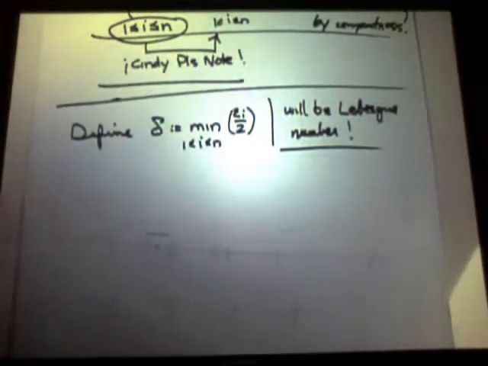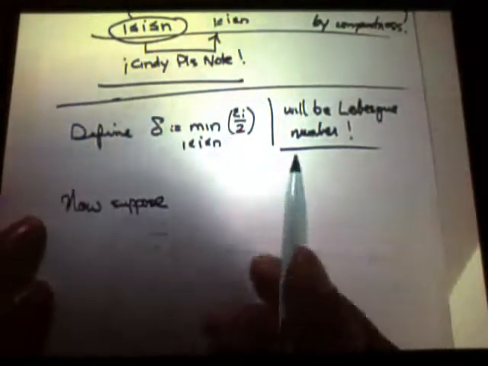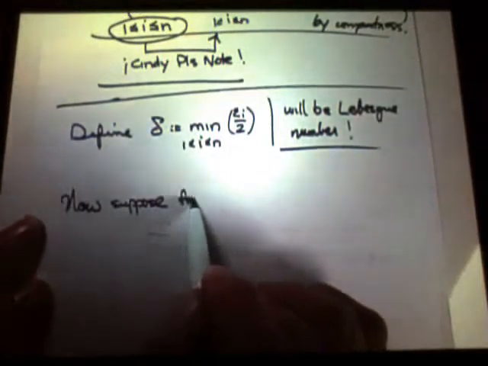Okay. So delta is going to be the smallest of the epsilon i's that were given to us by compactness, right? Over 2, yes. Okay. So now, suppose for arbitrary x, y that's true.